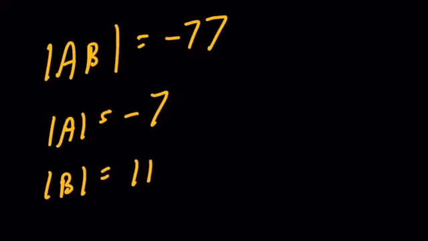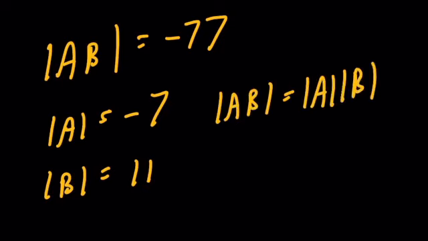And it turns out, you guys, that the determinant of AB is the same thing as determinant A times the determinant of B. This is another one of those theorems that occur in the determinant of matrix product.